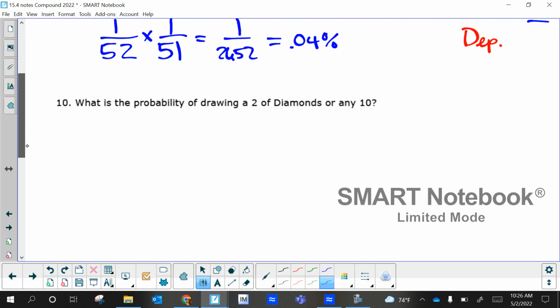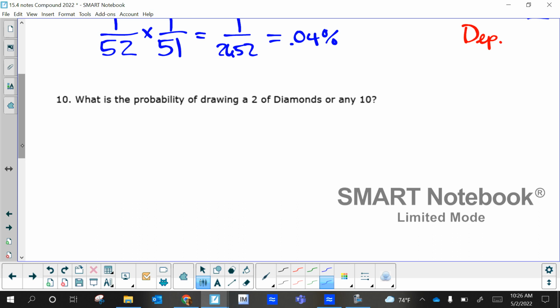All right, and the last one, what's the probability of drawing a 2 of diamonds or any 10? Drawing a 2 of diamonds, or, there's the word or, so or means one sample. That means I'm going to be doing addition, the addition formula. So there's only 1 2 of diamonds out of 52 cards, there's only one of those.